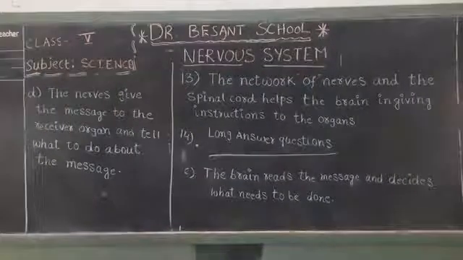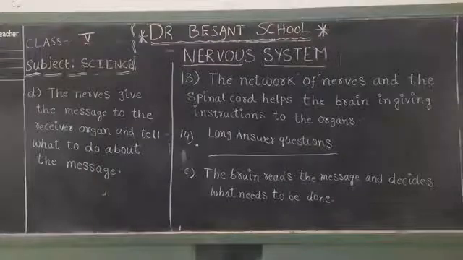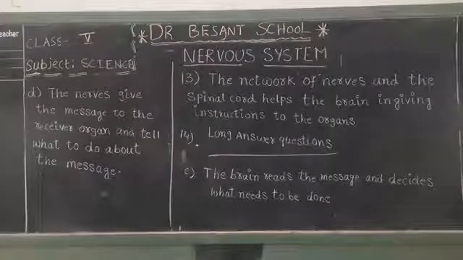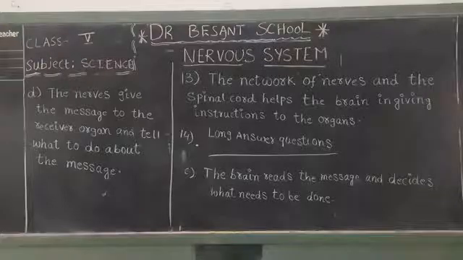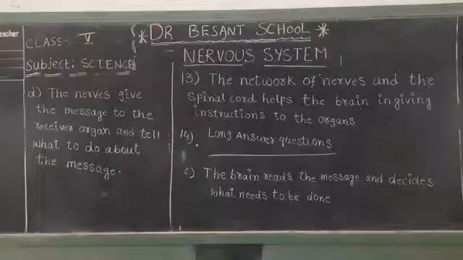Isn't it or not? Next one, multiple choice questions. Sorry, it's in the Zoom. Okay, under D: the nerves give the message to the receiver organ and tell what to do about the message. You can see, right?